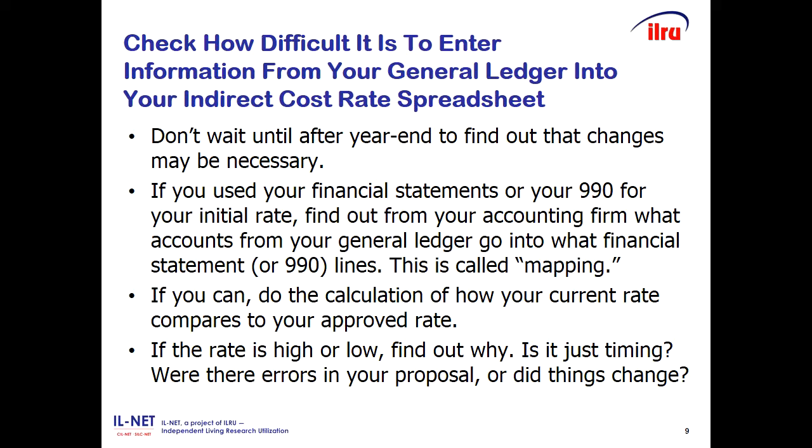So again, if you used your financial statements, specifically that statement of functional expenses from your annual financial statements, or that page from your 990 for your initial rate, you may want to go to whoever prepared it, your accounting firm, if it was prepared by an accounting firm, and find out what accounts from your general ledger go into what lines on that statement of functional expenses or on the 990.